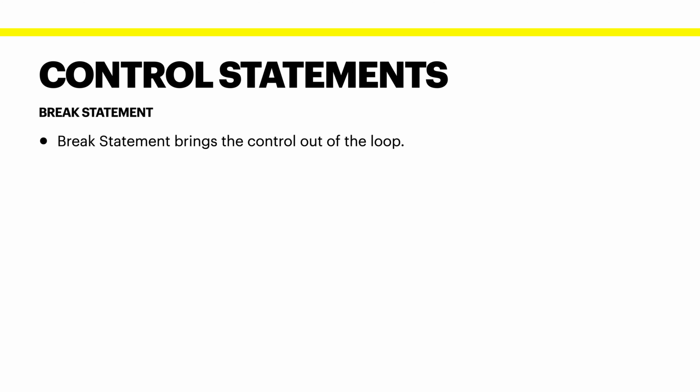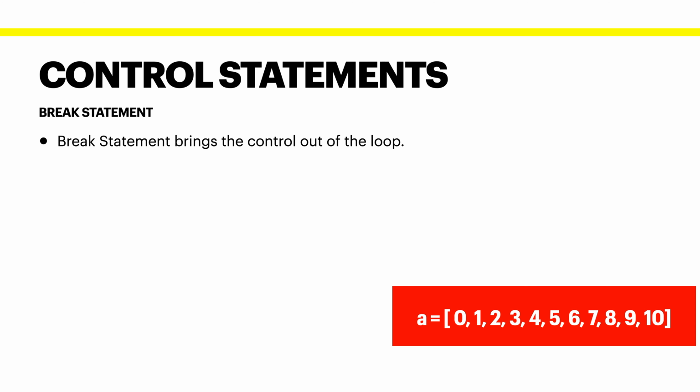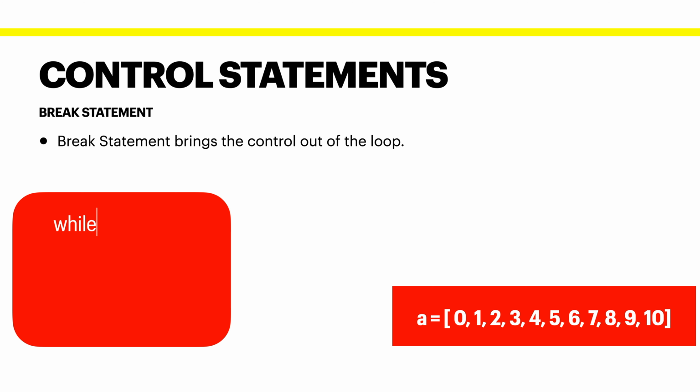In this example, consider the list which has the numbers from 0 to 10 in ascending order. Now, we write the following code to perform some action on this list A. While length of A is not equal to 0, pop the last element from A and save it in X. Now check if X is equal to 5.